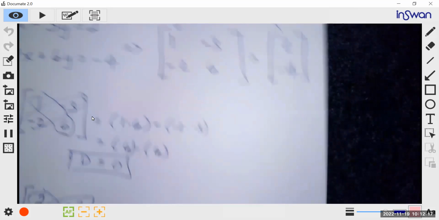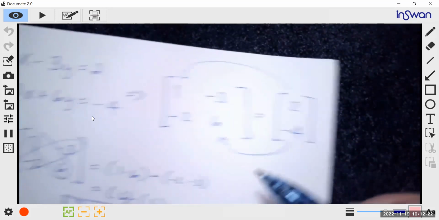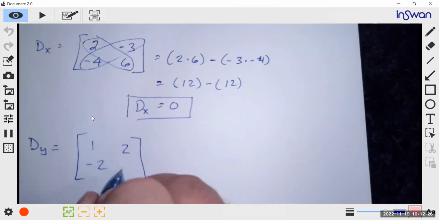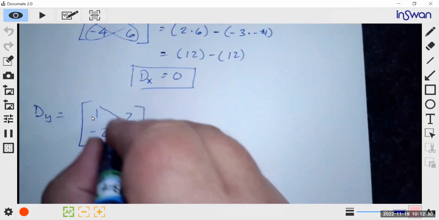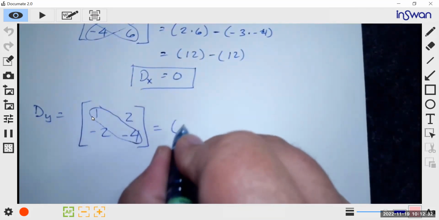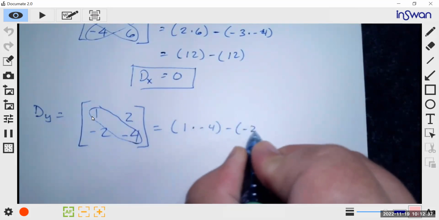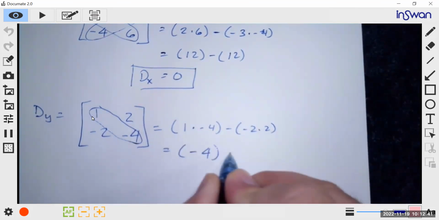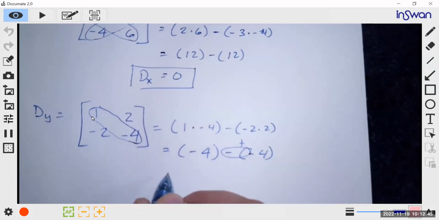And Dy: take the answer, put it in the y column, leave the first one alone. 1, negative 2, 2, negative 4. One times negative 4 minus negative 2 times 2. Negative 4 minus negative 4 becomes a plus.